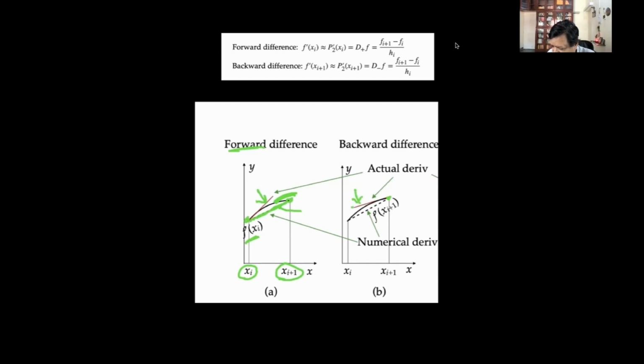Please note that this red line and this red line have different slopes. However, my function is p2 of x, so the derivative is the slope of the dashed curve, which we call backward difference. For p2, a second order Lagrange polynomial, both numbers are exactly the same.